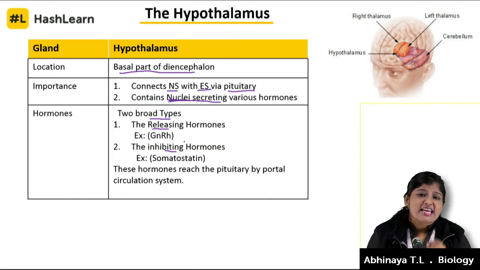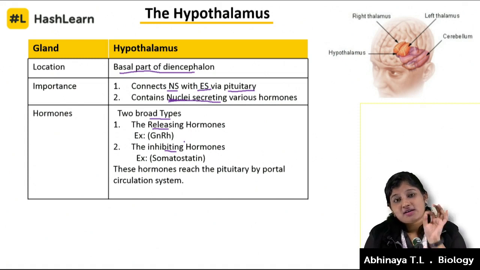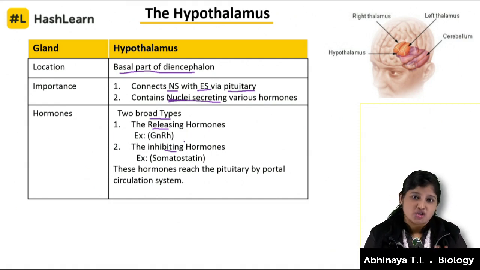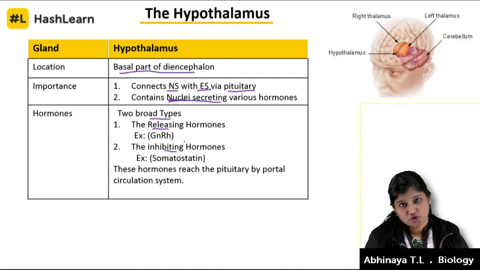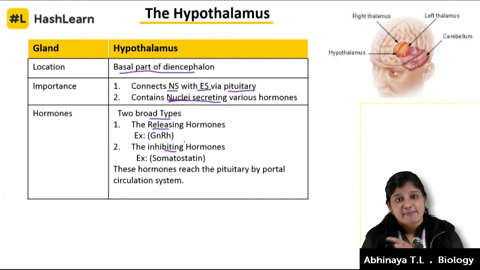The inhibiting hormones are going to inhibit the hormones which are getting stimulated. Every show should have a start and an end. So our hypothalamus is going to do a start show and an end show. That is why it is called the releasing hormone and the inhibiting hormone.